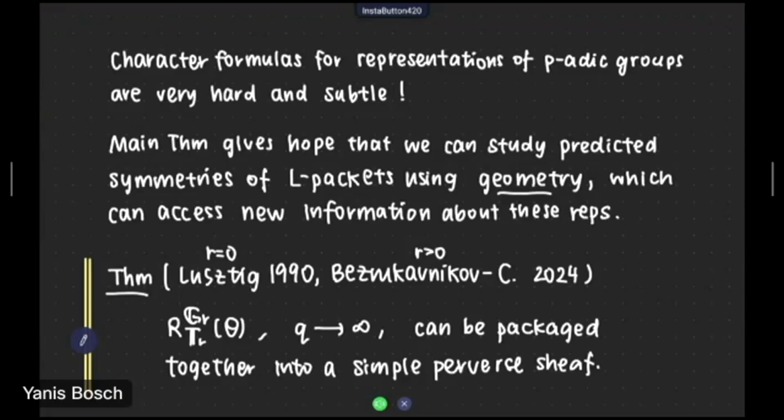Okay, let me just leave it at the following: in general, constructing nice, simple perverse sheaves associated to algebraic groups is a very difficult venture.